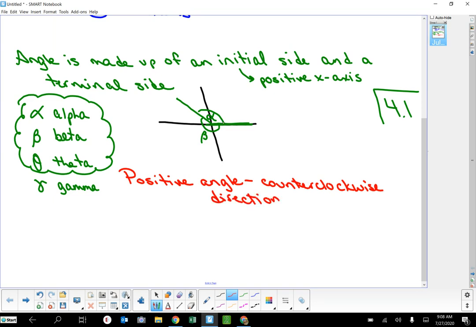So up here, this guy, alpha, would be a positive angle because he would be going counterclockwise, and a negative angle always rotates in a clockwise direction.